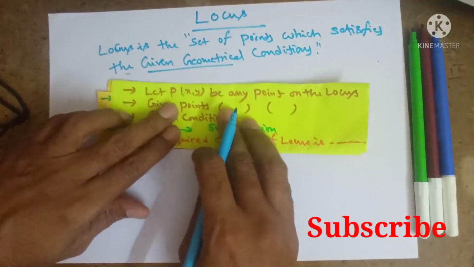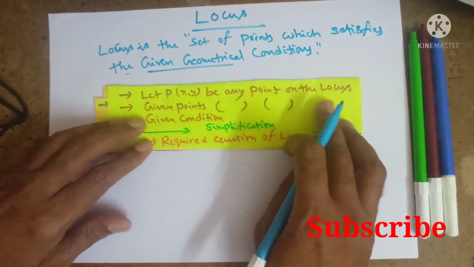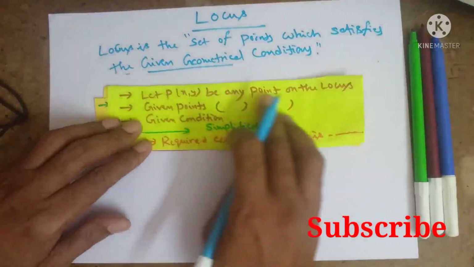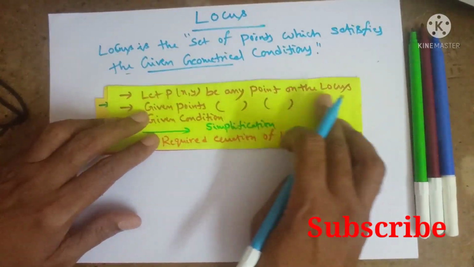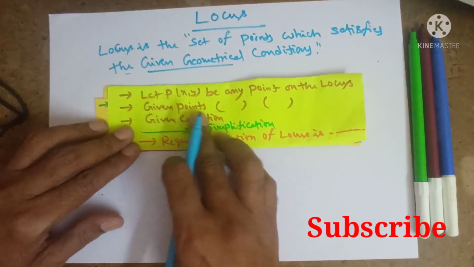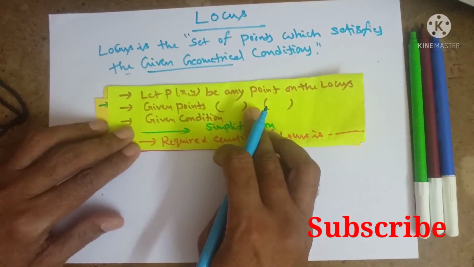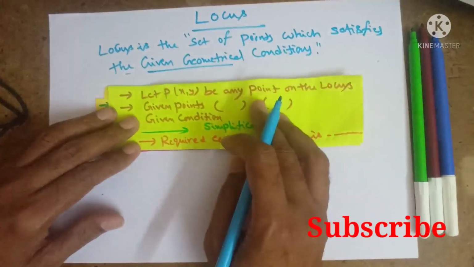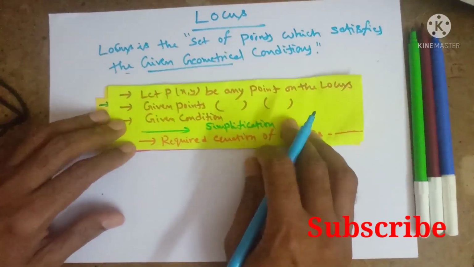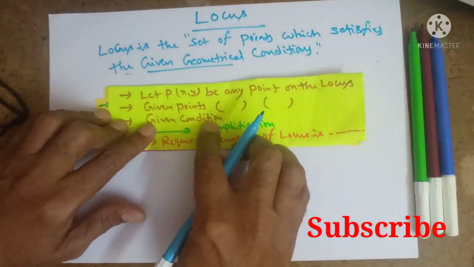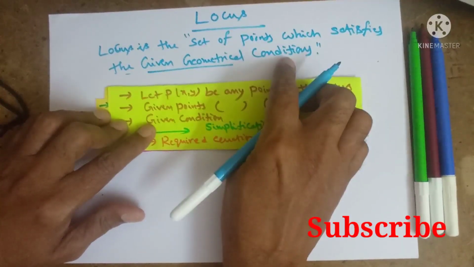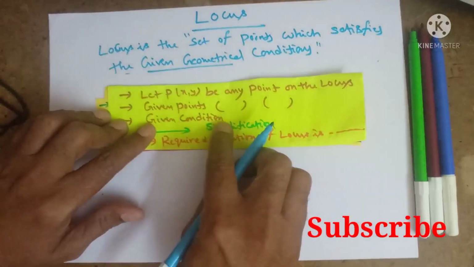First one, let P of x comma y be any point on locus. Second one, given points. In the question they will give one or two points. Those points we have to write here. Next, given condition. I said just now, geometrical condition. So that condition we have to write.